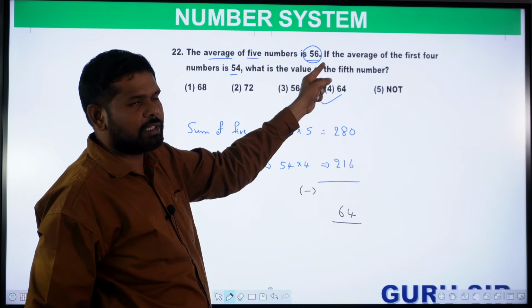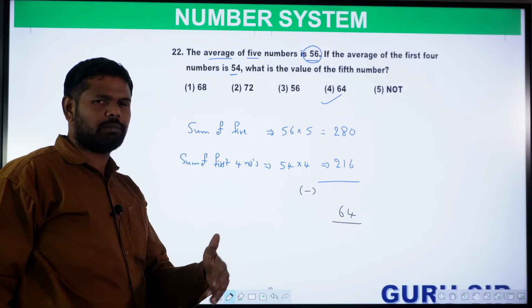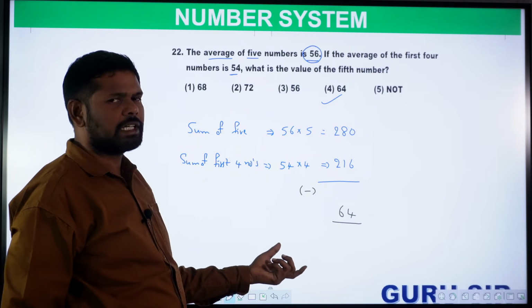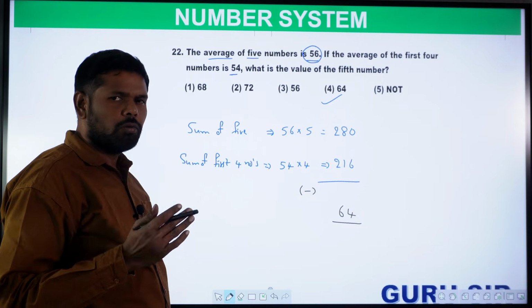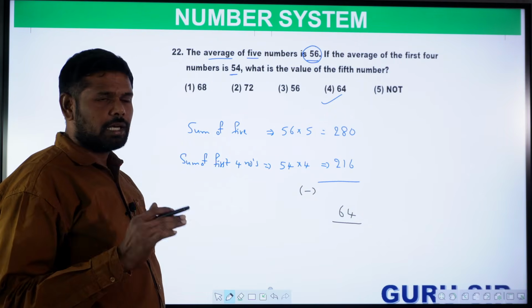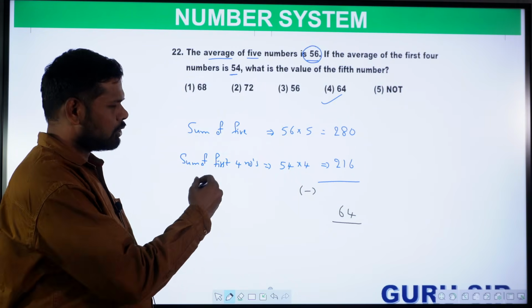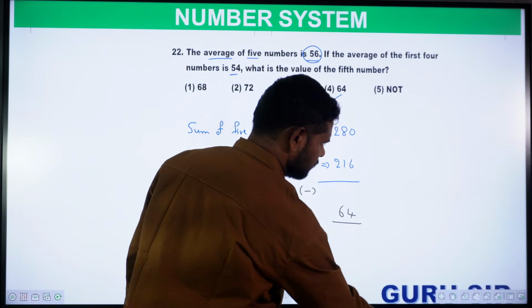Add 8 to 56. 56 plus 8, 64. That is the answer. Right. After practicing so many times, so we improve like that. But okay, basic type is also enough. But here, why this question means only for practicing and practicing the questions reading, and after that there's a little bit calculation part for that purpose.